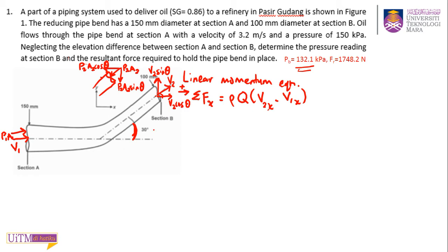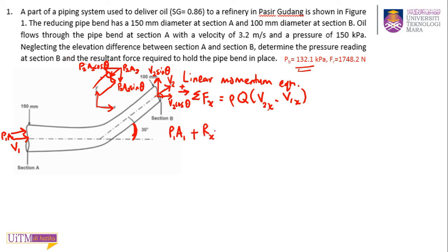Then you can write your linear momentum equation. Add everything that you have labeled. First, when you take x direction, they already gave you the x direction in that direction as positive, and y upward positive. So you have P1A1. Write everything that you have labeled: P1A1, and the resultant force in x, the Rx.